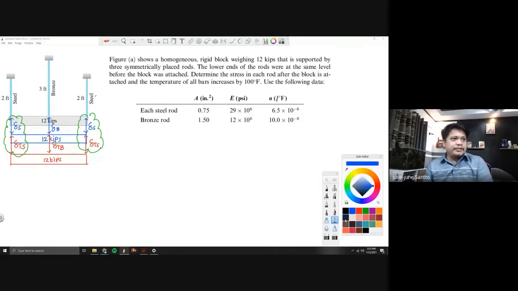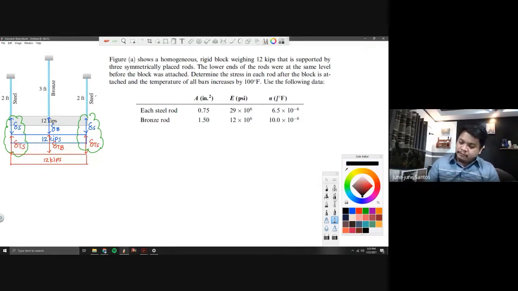With this deformation, ang pwede kong makonclude is that pag pinagsama ko yung deformation ng bronze due to the 12 kips, plus deformation ng bronze due to the temperature, mula dito hanggang doon, equal din siya sa deformation ng steel, plus the deformation ng steel due to temperature. This would be our working equation.